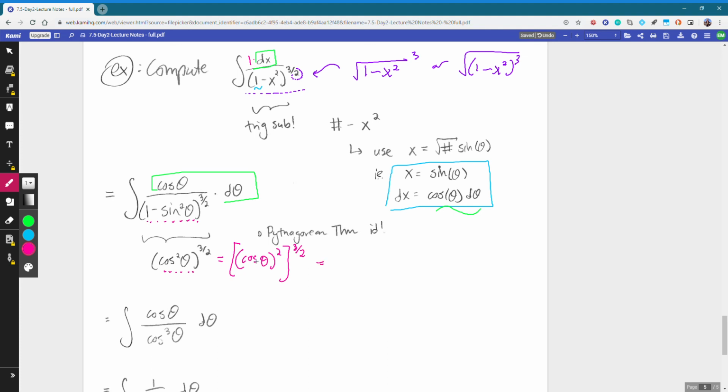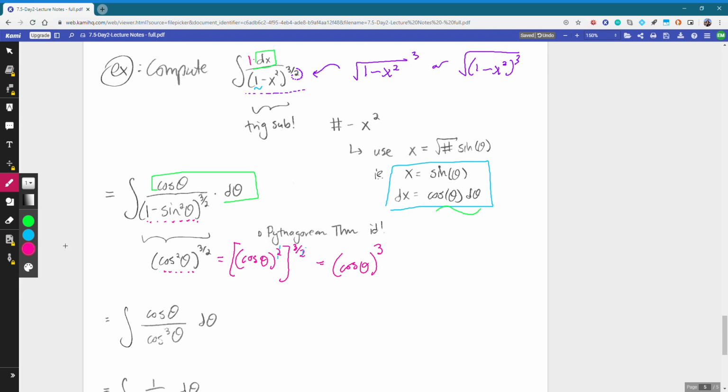And we just have to recall that when we take something raised to a power and raise that to a power, those exponents multiply. And so in this case, the 2's will happily cancel out, and we're just left with a nice clean power of 3. In other words, cosine cubed is what we're left with in the denominator.